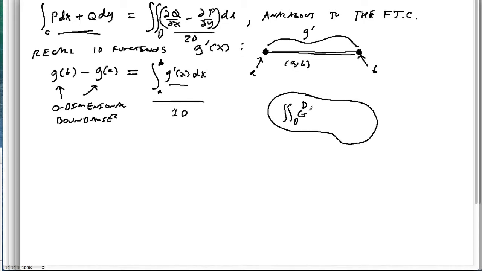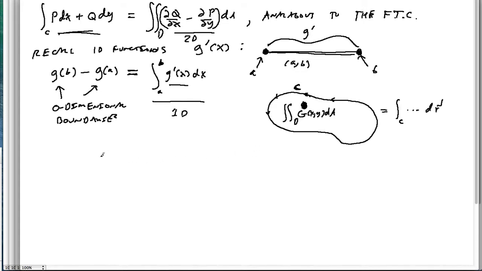I'm just going to call that function g of x comma y dA. The statement of the theorem says if we look at the boundary of the set, which is that curve C going around it, there's some relationship to an integral on the boundary. Like that. All right.